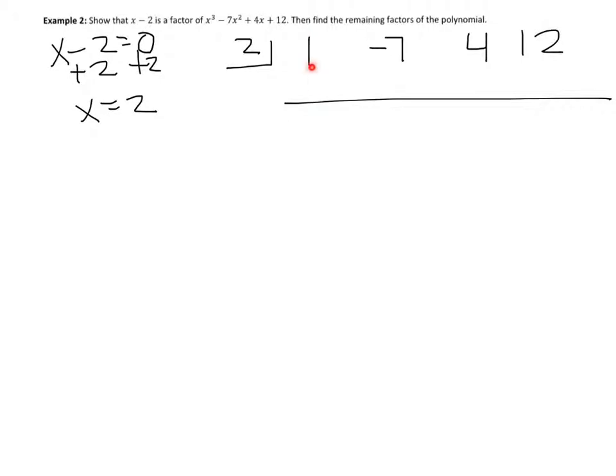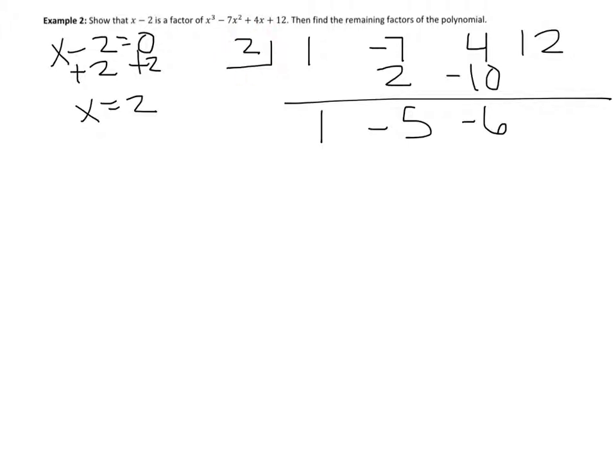If I bring my 1 straight down, I'm going to have a 1. Then 2 times 1 gives me 2. Then negative 7 plus 2 gives me negative 5. Then 2 times negative 5 gives me negative 10. Then 4 plus negative 10 is negative 6.